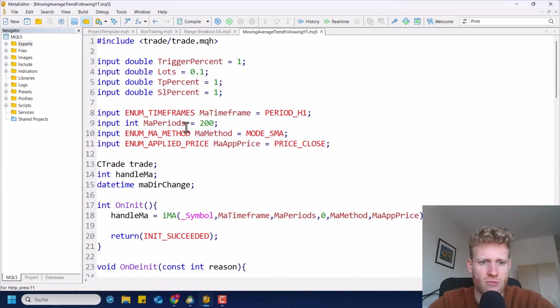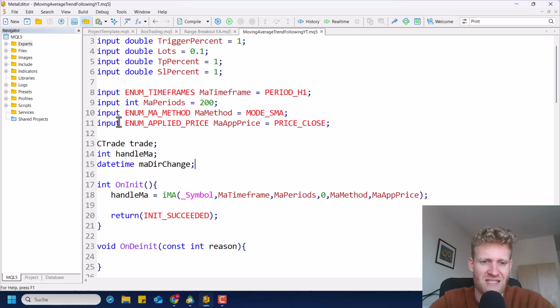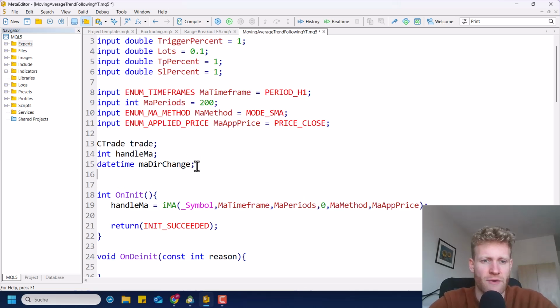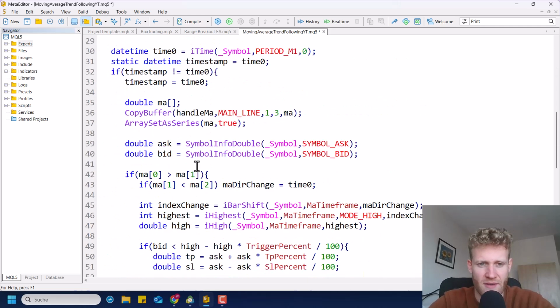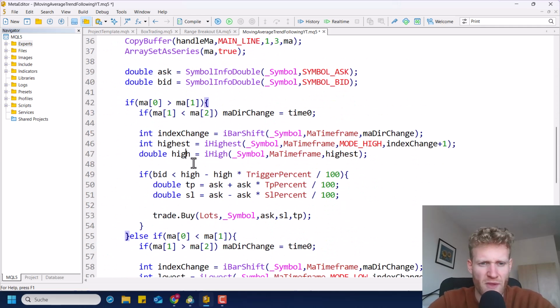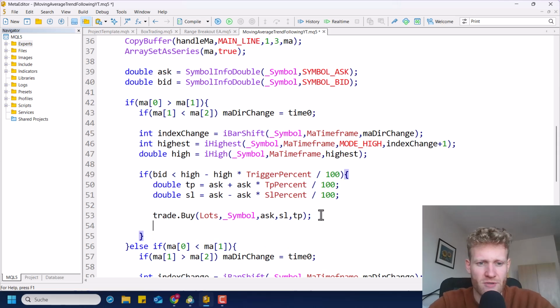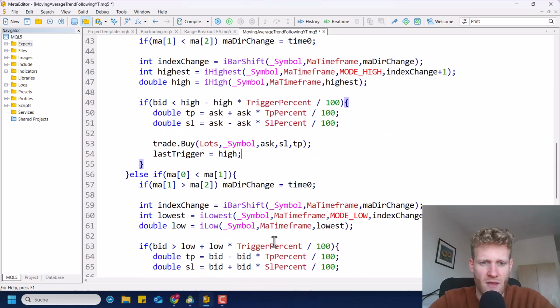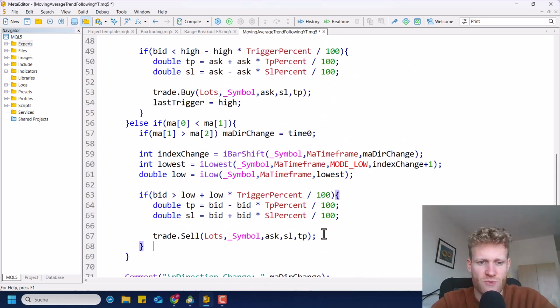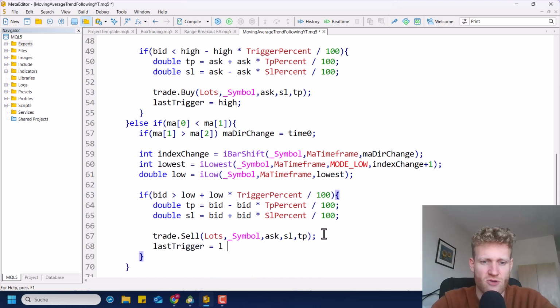To do this, we can create a variable here, last trigger. It can be a double value. After opening a position, we say last trigger is equal to high, and for sell positions we say last trigger is equal to low.